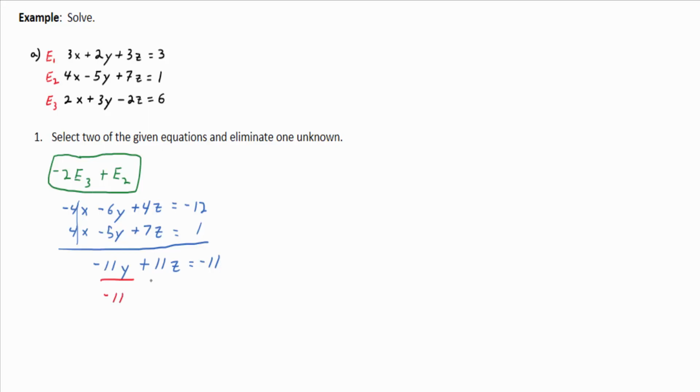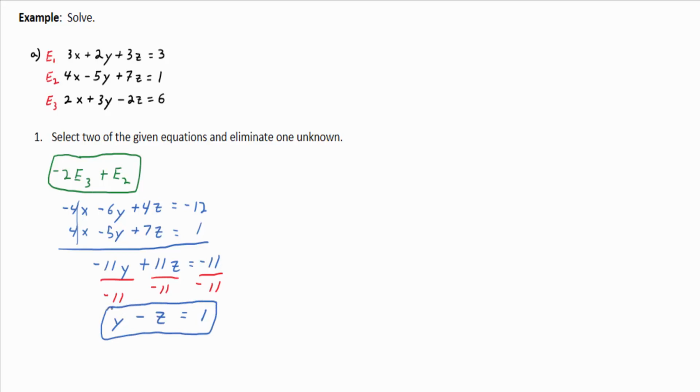So -11, divide by -11, divide by -11, both sides, and you'll get y minus z is equal to +1. So that won't always happen that you can simplify the equation, but that's definitely a little bit easier on the eyes than the way it came out originally.